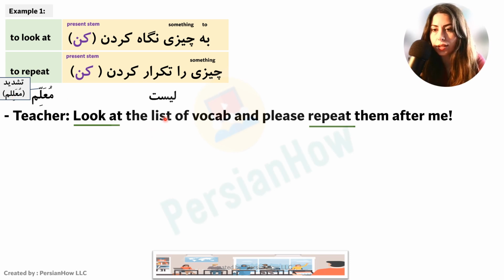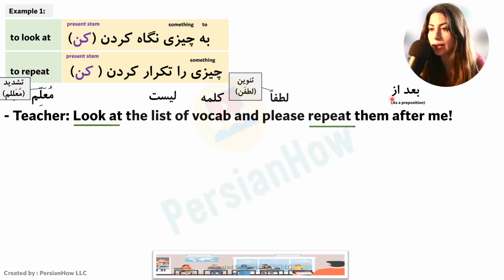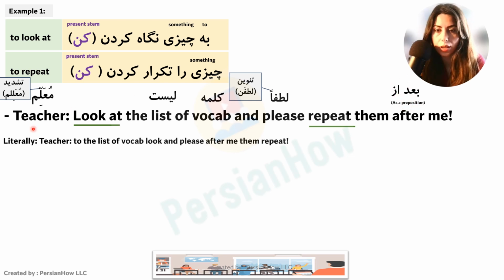The second one, list, is just list. Vocab is کلمه. We need to make it plural in Farsi, کلمه ها. And then please is لطفاً. What are these two lines here? This is called a tanween. So basically this is how the pronunciation is, لطفاً. And then after is بعد از. And here after is a preposition, that's why it's بعد از. So literally we need to say something like to the list of vocab look and please after me them repeat.